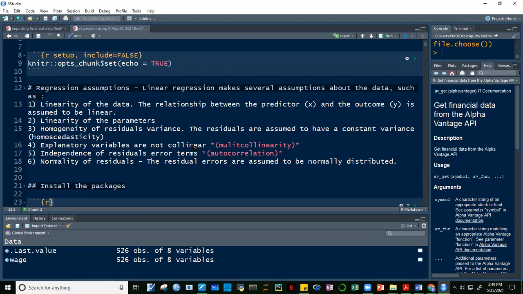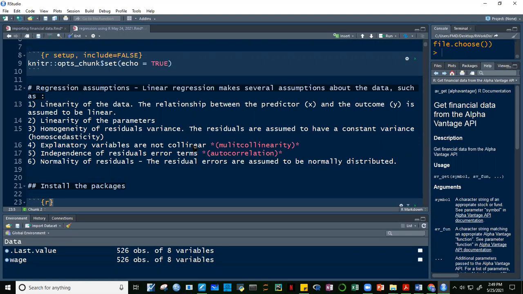So you have data, hourly wage, and you have education, and you'd like to see if there is a linear relationship between them. To create a model with these two variables using linear regression, there has to be, of course, linearity as far as the relationship between the two variables is concerned.